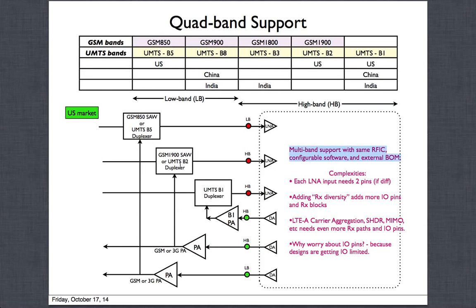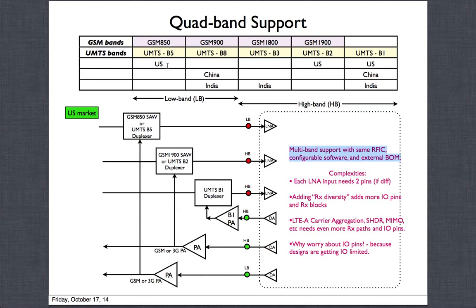The other paths are programmable in the sense that you can program the RFIC in software. But these external components cannot really be programmed. Whether you need a SAW filter or a duplexer, these are two separate paths, two separate components. So you just have to put in whatever you're trying to support.